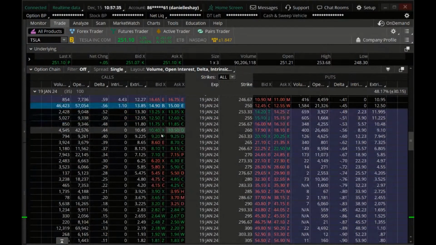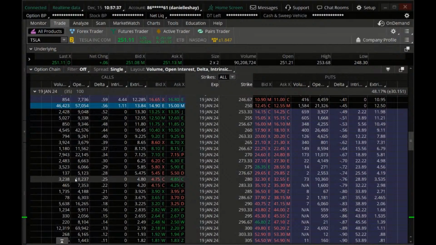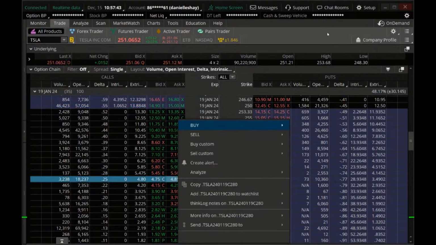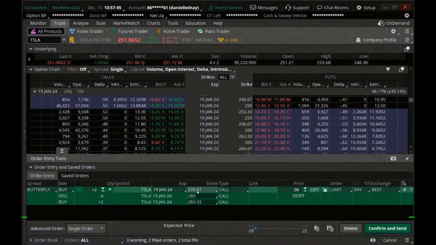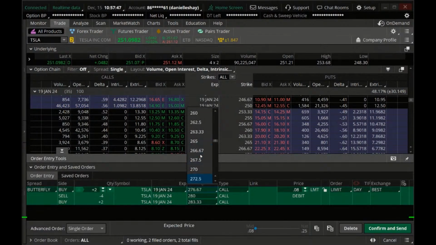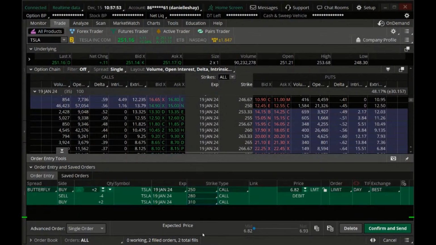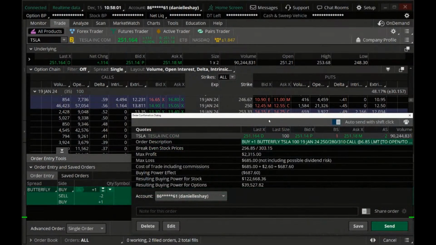Can I identify where is my high open interest strike? It's right here at 280, 18,000 contracts. And at that point, I would say, okay, I'm going to do 250, 280, 310. And I'm going to pay $6.85 for a $30 wide butterfly.